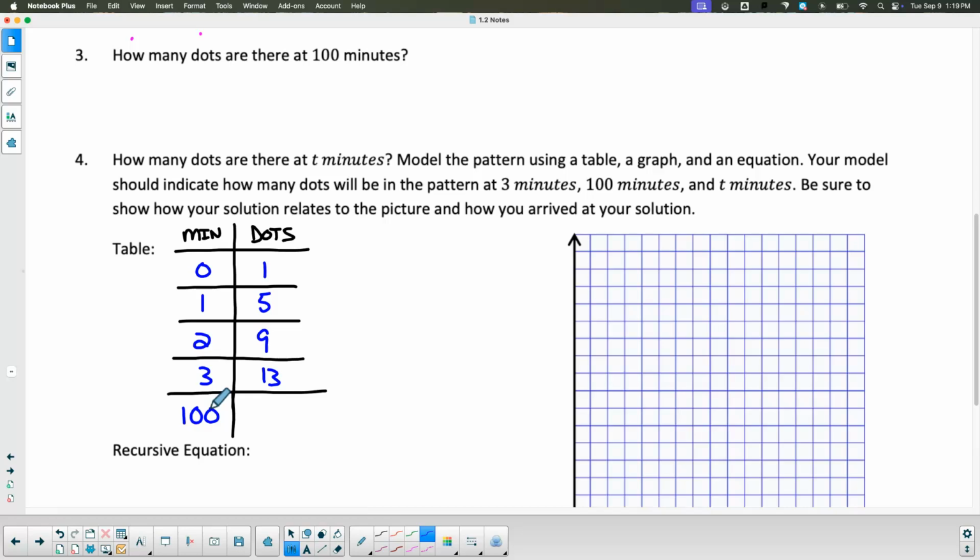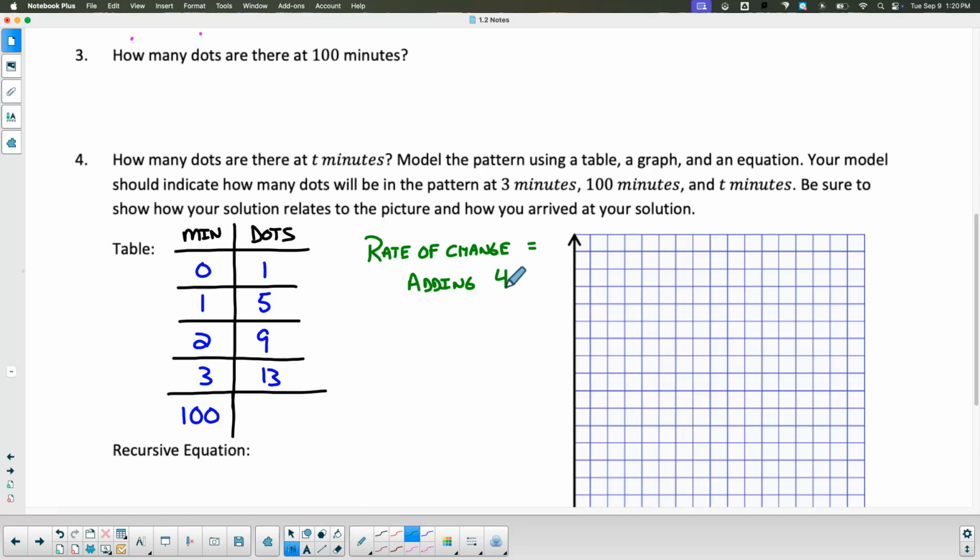We said that our rate of change, or how we are changing, was adding 4. That's what you guys told me. Adding 4. What do you got for me? No, it wouldn't be 400. Hold on, we're getting there. Let's come up with our equation first.